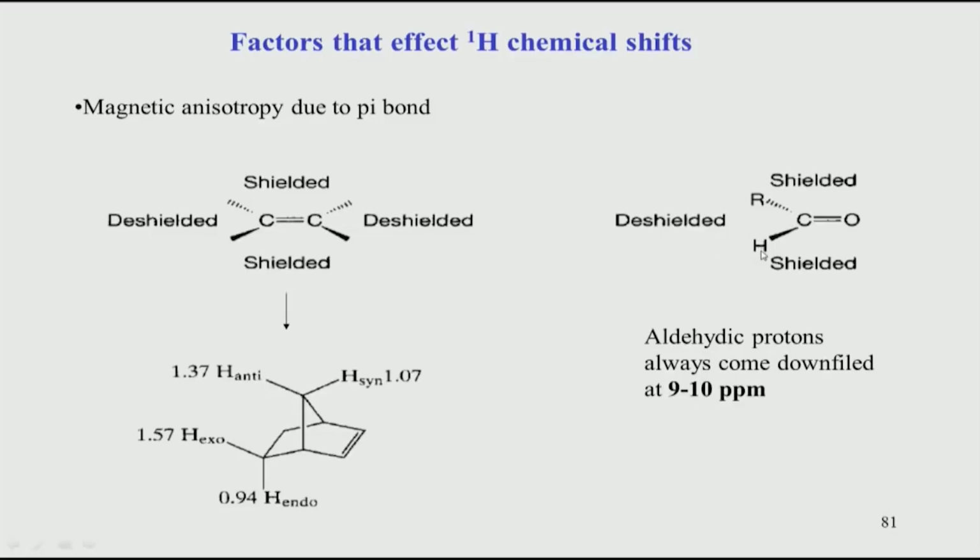This hydrogen lies in the deshielded region, and therefore it comes very downfield at around 9 to 10 ppm, which we saw in one of the slides where we looked at the chemical shift values of different functional groups. The aldehyde protons come very downfield shifted because in the carbonyl functional group they lie in the deshielded portion of the molecule. If something comes on this side, it becomes highly shielded.